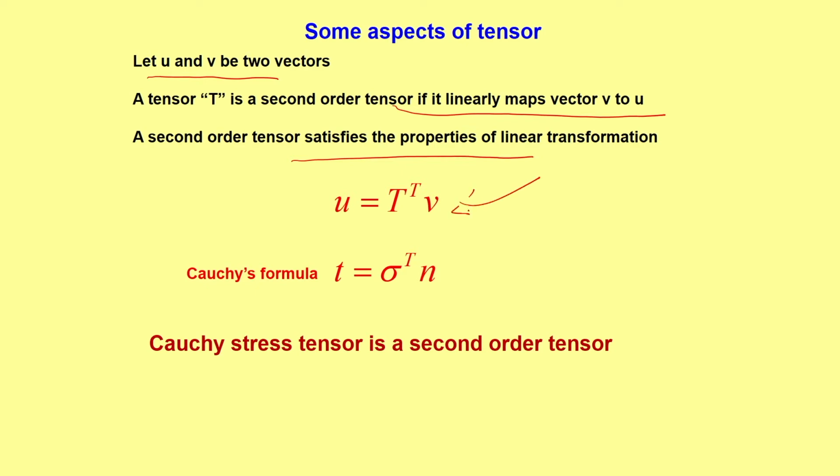So, this is what is being written. T maps v to u, or there is a linear mapping of v to u. If you compare this with Cauchy's formula, it is more or less the same thing. That is how we define Cauchy's stress tensor as a second order tensor.